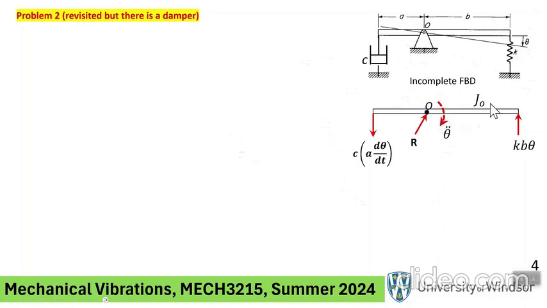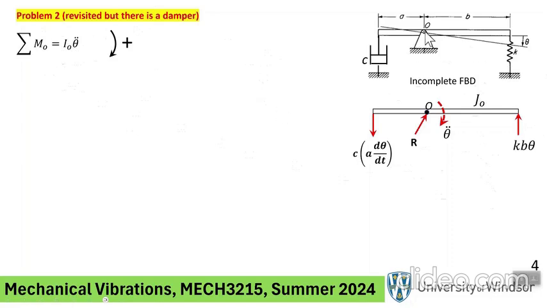And from dynamics, you know that this is I about O, or here J about O. I changed this J to I because this drawing comes from, I think, Inman's book, and I just decided that instead of J, I would use I that you may be more familiar with or comfortable with. Okay.